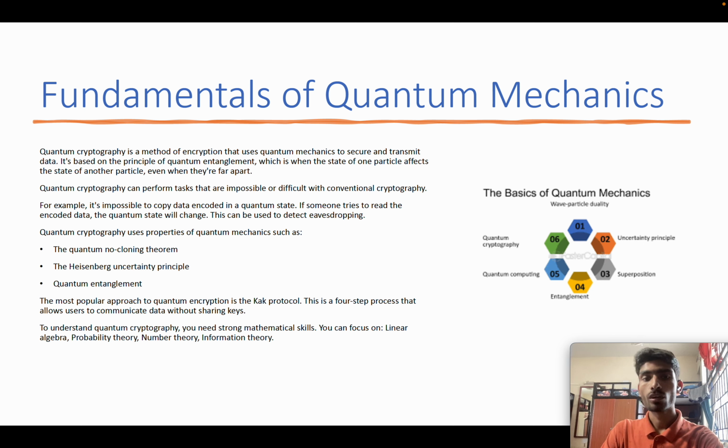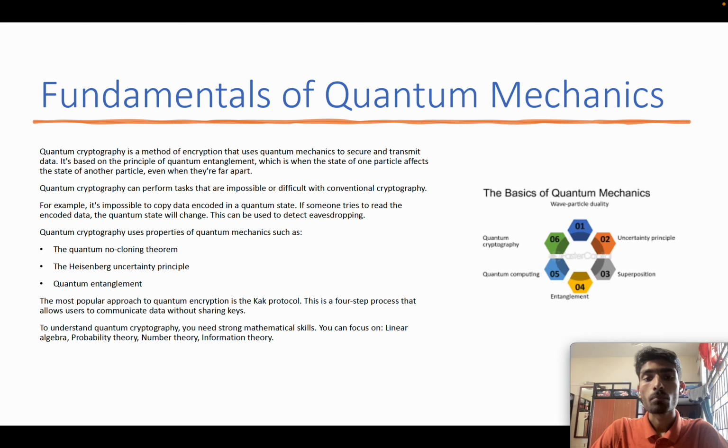Moving on to the second slide, we delve into the fundamentals of quantum mechanics that underpin quantum cryptography. It's built on the principle of quantum entanglement, where the state of one particle affects the state of another, even at a distance. This property allows quantum cryptography to perform tasks that are impossible or challenging with classical cryptography.